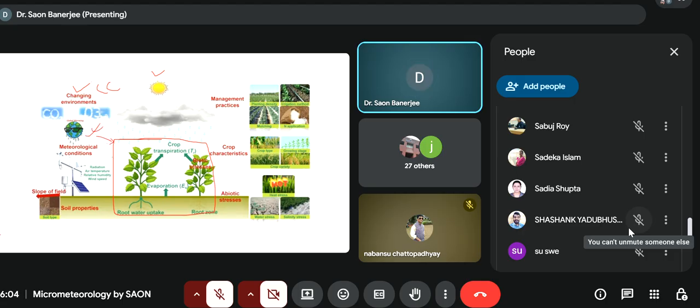It can be linked with all our measurement processes, slope of the field, soil properties, then crop characteristics, crop management practices, abiotic stresses, biotic stresses like pests and diseases. So these all are related with micrometeorology.